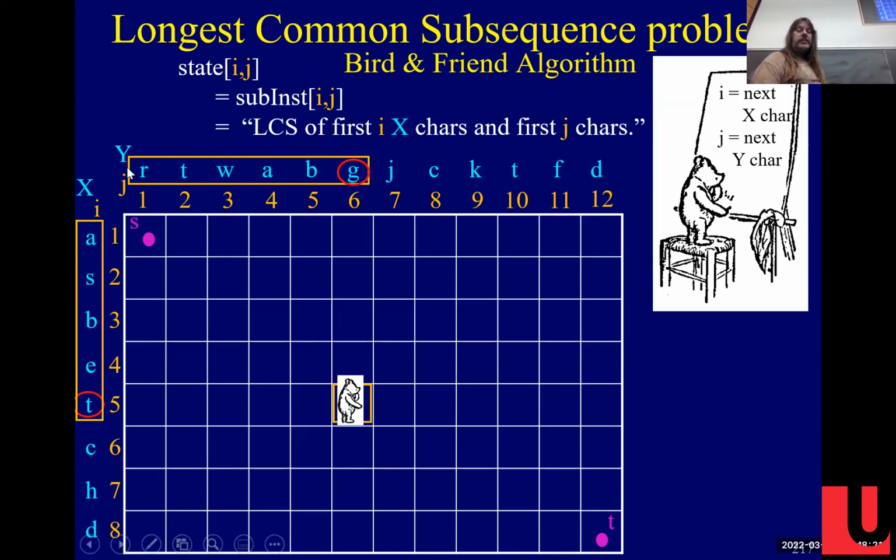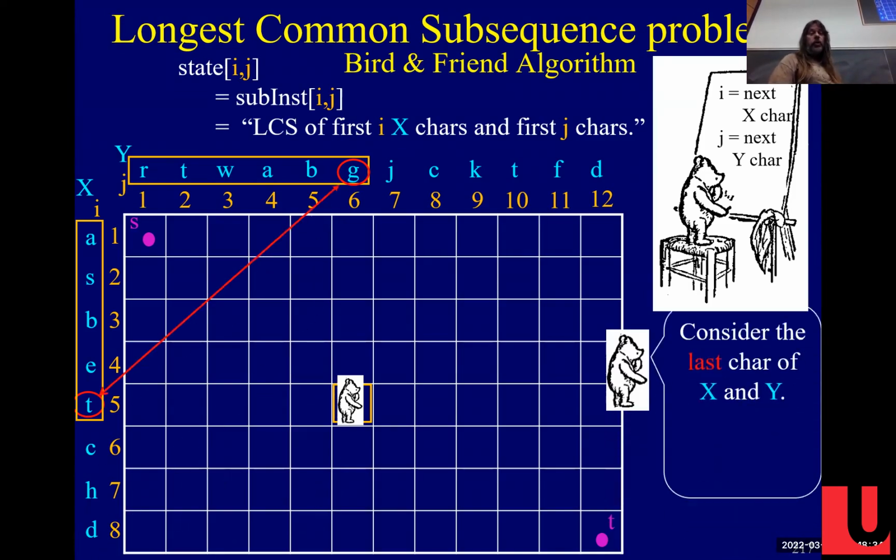And the subinstance is, I consider the first i letters of X and the first j letters of Y, and I'm going to find the longest common subsequence. So I look at the last characters of my strings, and if they're different, then I know that one of them can't be in my solution, right? So I ask the bird which one can't be in this solution, and if she tells me drop the last of X, then I move up, right?